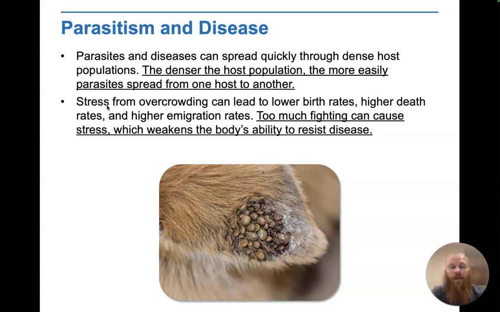And it's important to note that too much fighting can actually cause stress, and that stress weakens the body's ability to resist disease. So as populations become more dense and overcrowded, this can weaken the body's ability to fight off disease.